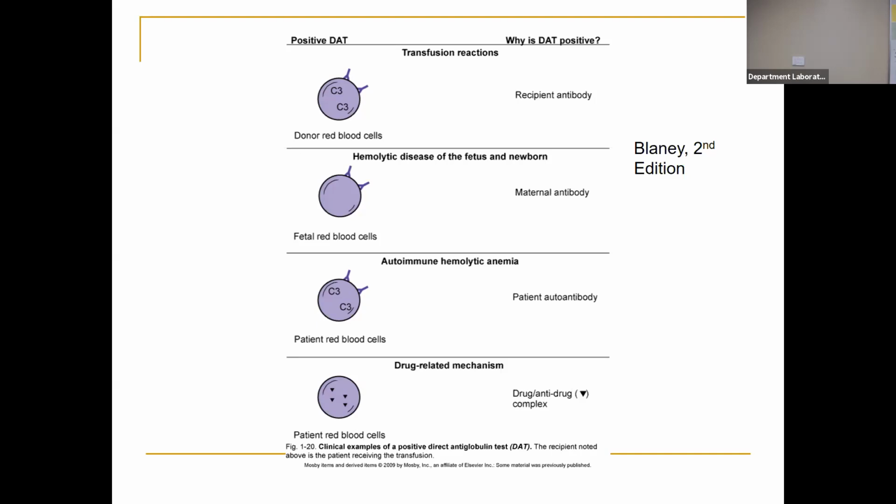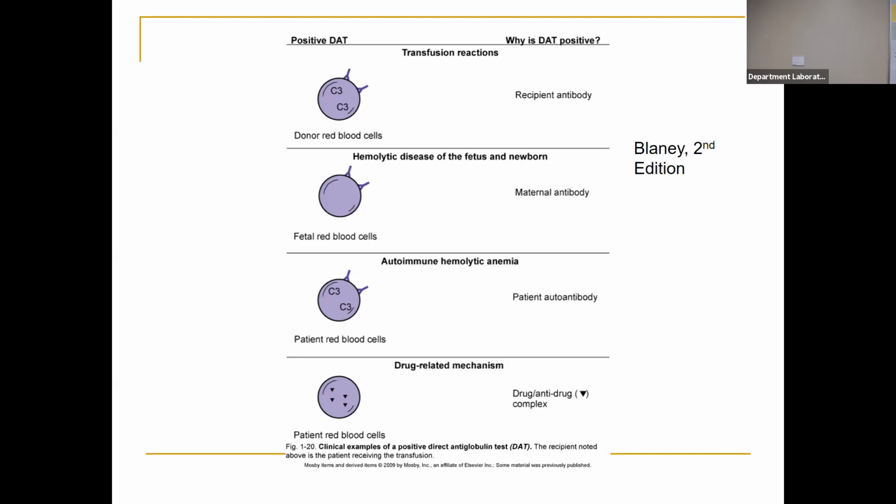If baby is Rh positive, mom is Rh negative and has anti-D, then mom's anti-D will coat baby cells. This is the most severe case of hemolytic disease of the newborn. That's why we have RhoGAM, a prophylactic to prevent mom from building anti-D.